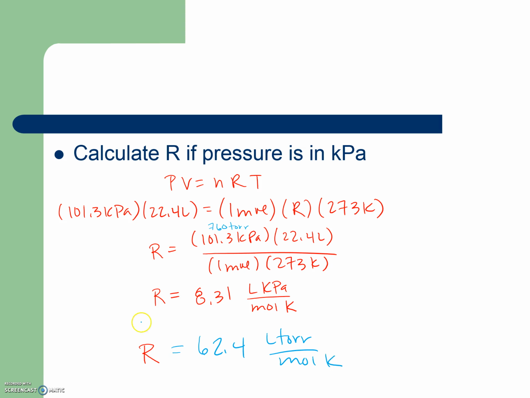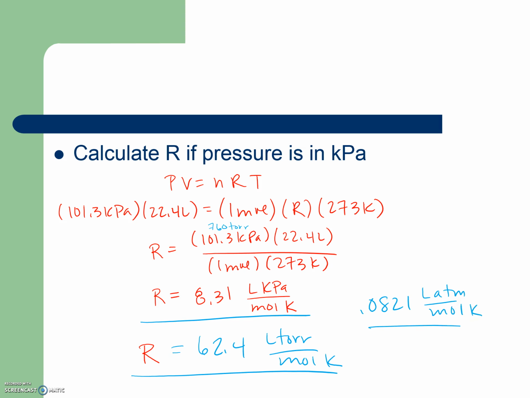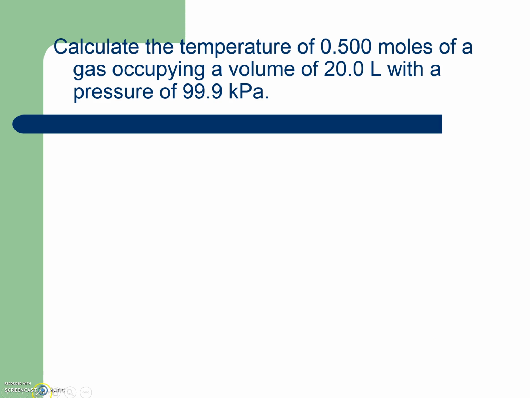So we have 3 that we need to know: the 8.31, the 62.4, and the 0.0821. These are our 3 constants that we use when we have different R values or different pressures for PV equals nRT.